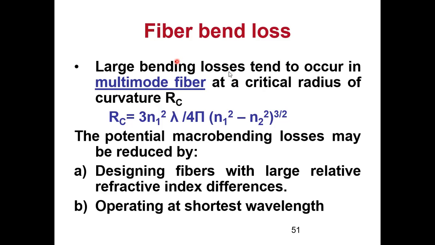How much? 1.47. See, in that formula I need N2 square. I don't require N2, so you can stop one step behind, because the formula for delta is N1 square minus N2 square upon N1 square. So you can keep N2 square directly. I hope you understood what I'm trying to say.